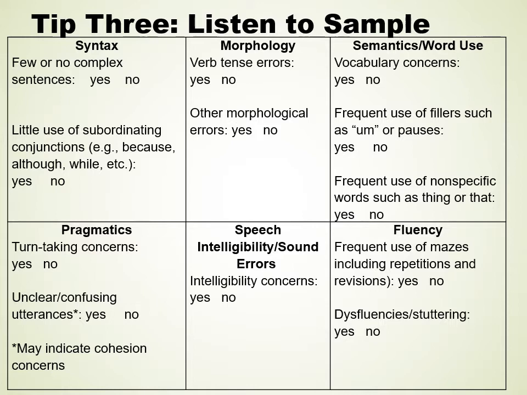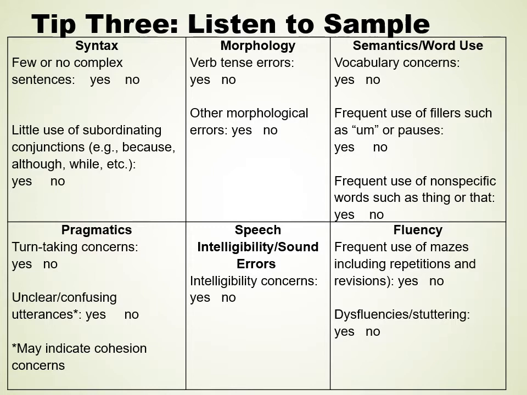So for example, in syntax, you might note if there are few or no complex sentences and limited use of subordinating conjunctions. In fact, here you could note which subordinating conjunctions you heard. In morphology, you're going to notice or document verb tense errors and any other kind of morphological errors.